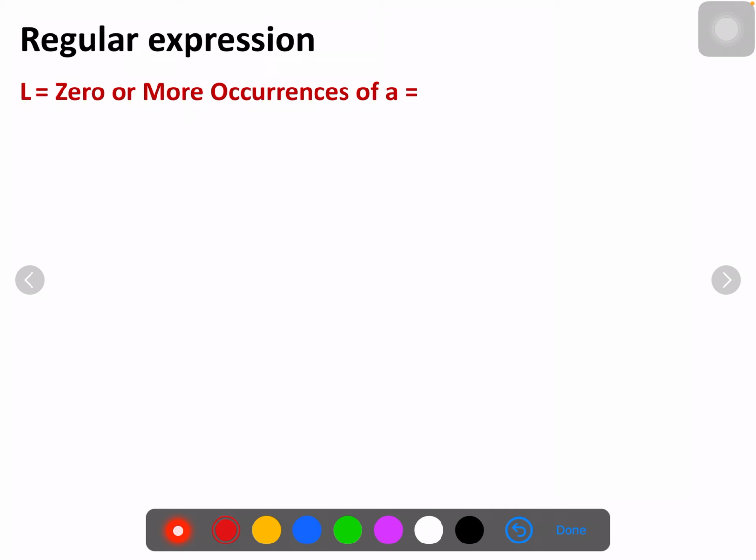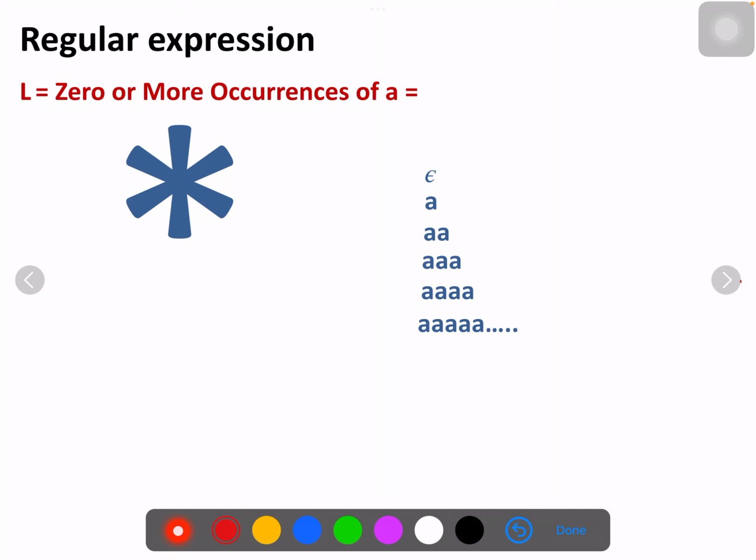Let us see some examples of regular expressions. Here L is equal to zero or more occurrences of a. How do you write that? You have to use the star operation. Suppose a star, zero or more occurrences of a: first, the empty string is represented by epsilon.